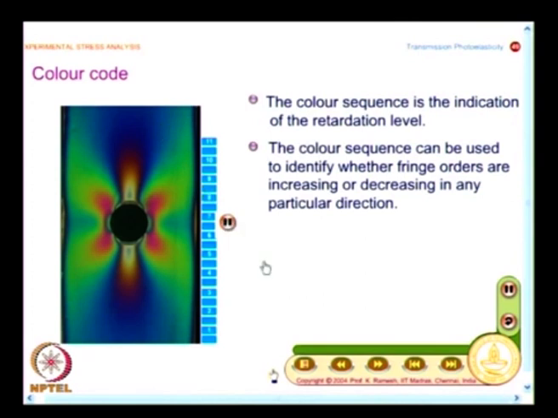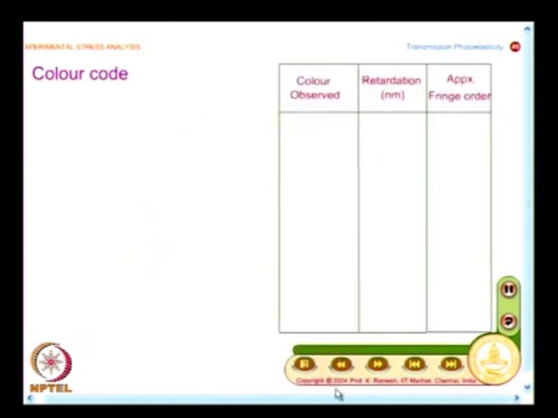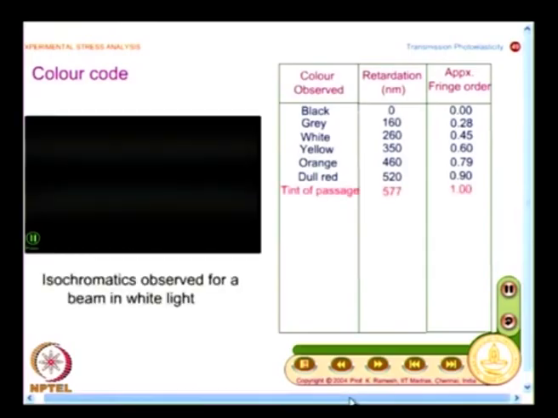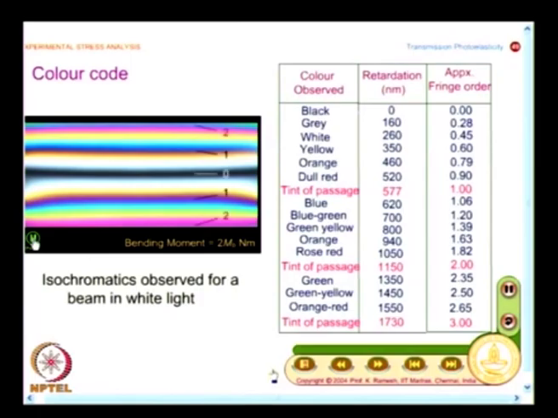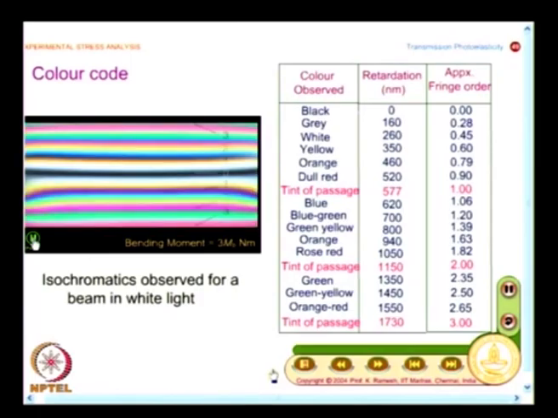We also looked at the color code wherein we identified for each of the colors an approximate value of the retardation, and I have the color code up to fringe order 3.